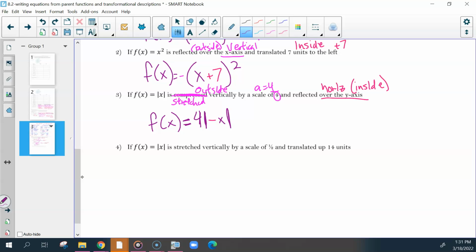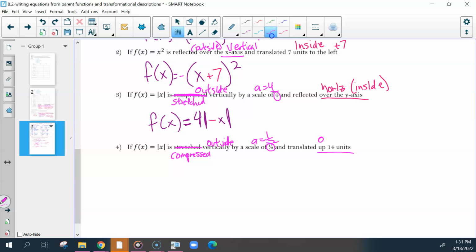For number 4, stretch vertically, so these were switched. This is compressed. So vertically is outside by a scale of 1/2, so A equals 1/2. And it's translated up 14 units.